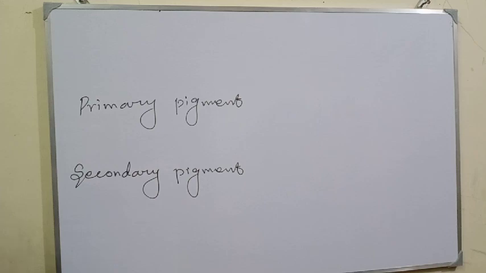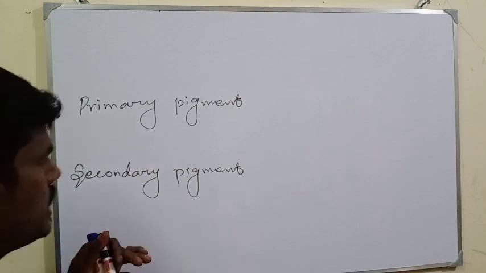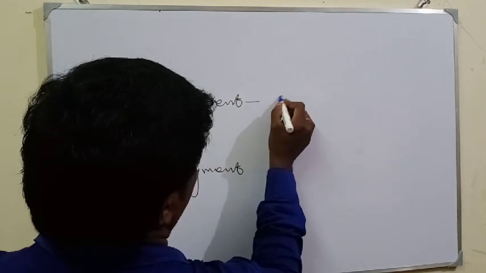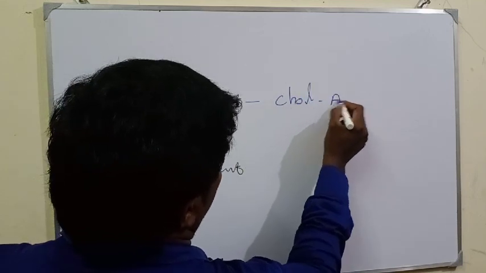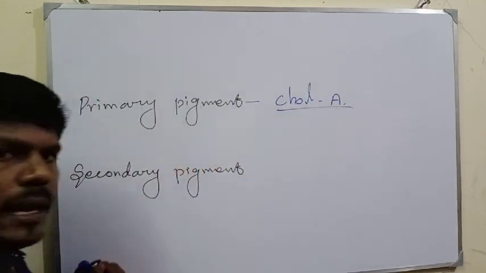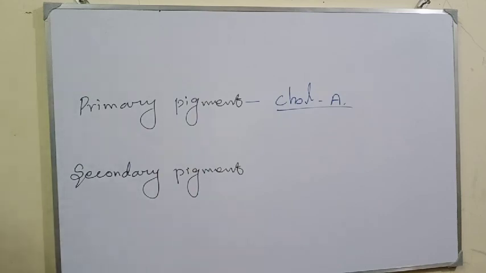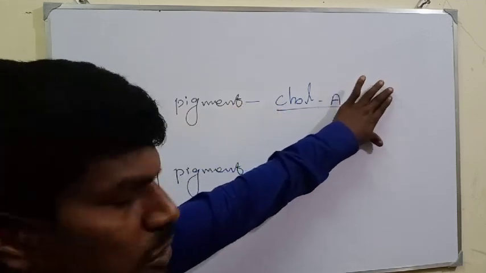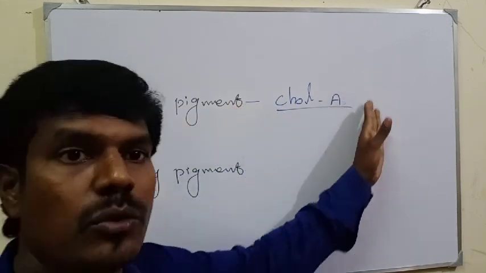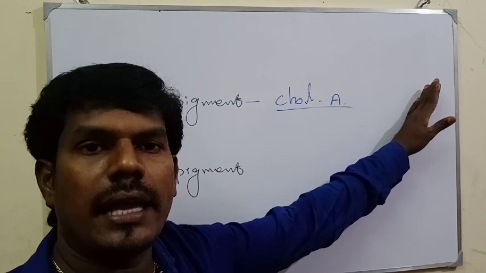Chlorophyll A is the primary pigment. This is chlorophyll A. Pigments that trap solar energy and convert it into electrical and chemical energy. That means chlorophyll A is responsible for converting electric energy to chemical energy.